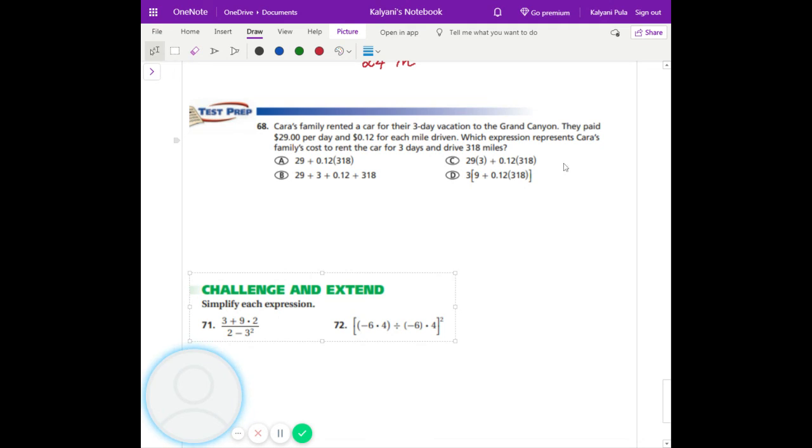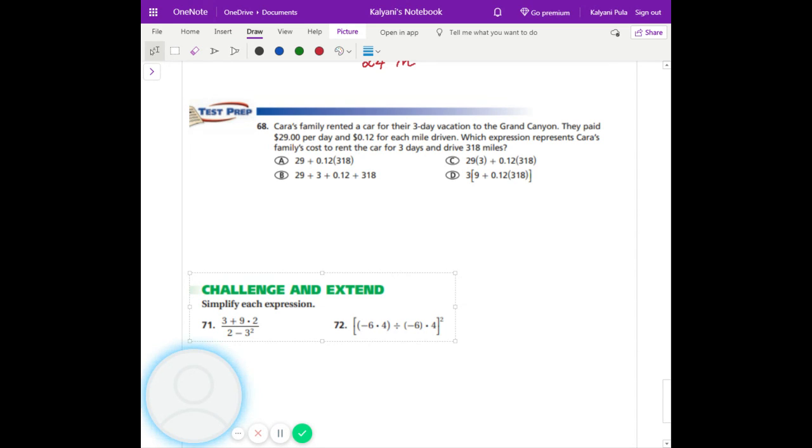How do you get the C, Boisha? First, as I was going through the question, I knew that since it was 3 days and $29 per day, I applied 29 as the first part of the equation, and then 0.12 for each mile.